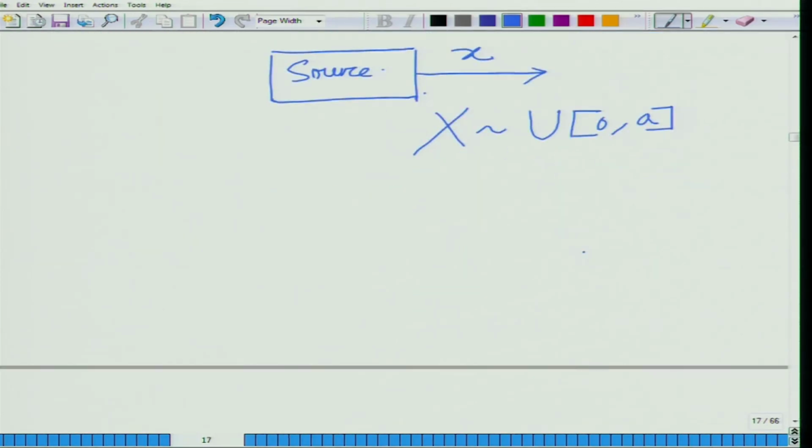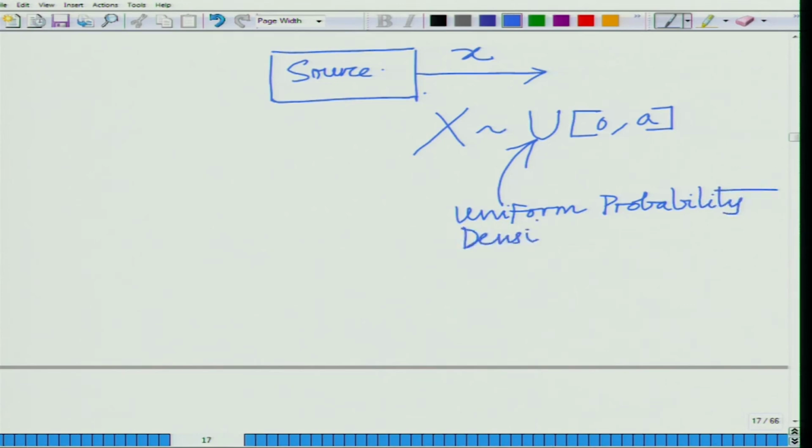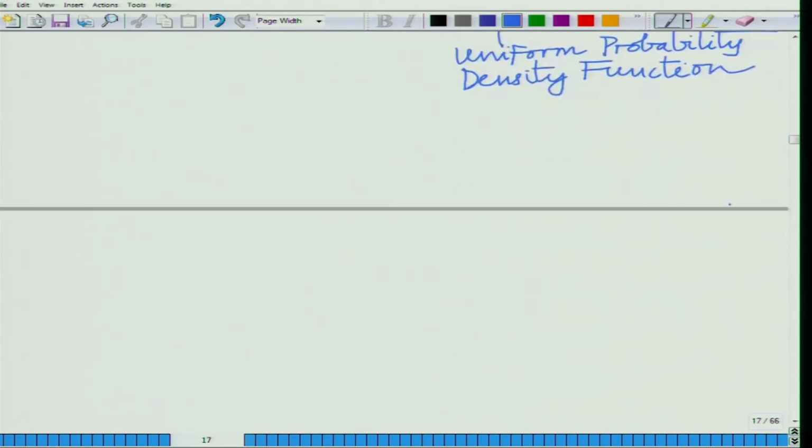This denotes a uniform probability density function. Remember, a uniform probability density function over the range has a flat probability density function. If you look at the uniform probability density function, this is a, this is 1 over a.